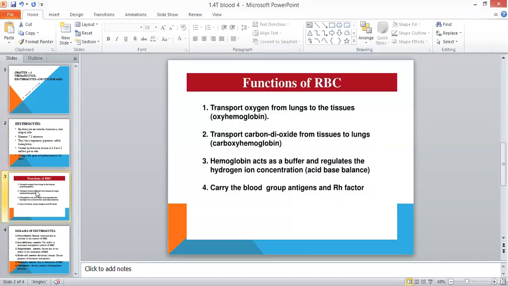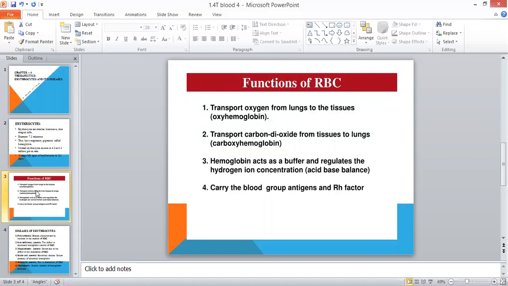Now, the function of RBC or erythrocytes. RBC helps to transport oxygen from lungs to tissue as oxyhemoglobin, and similarly RBC transport carbon dioxide from tissue to lungs as carboxyhemoglobin.